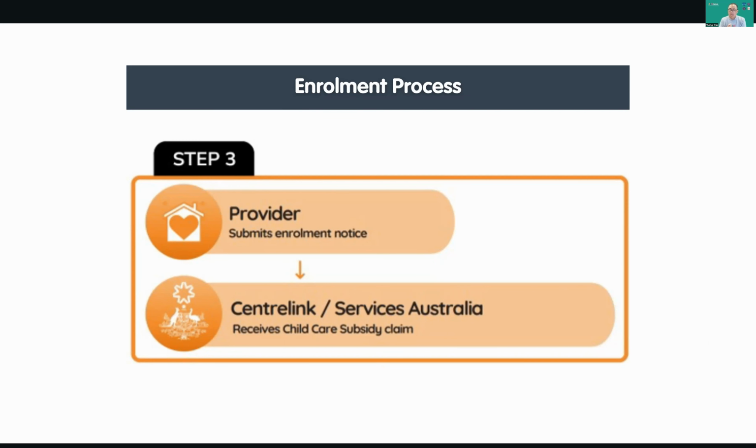Even if your service is sold to another provider, and we've had a lot of this happen too, the way that CCS or the department treated it is that this child is now entering a different care arrangement with a different provider, and therefore you need to get a new enrollment ID.